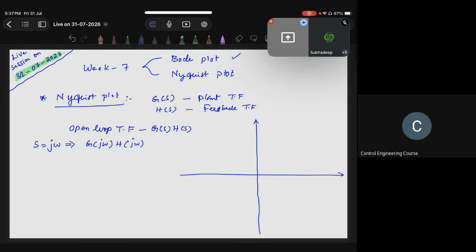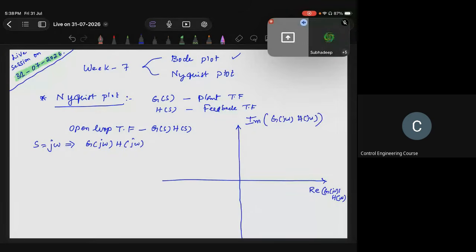Nyquist plot is all about plotting this as omega varies from 0 to infinity.